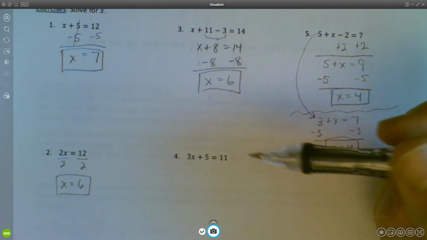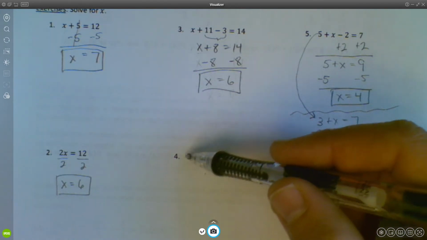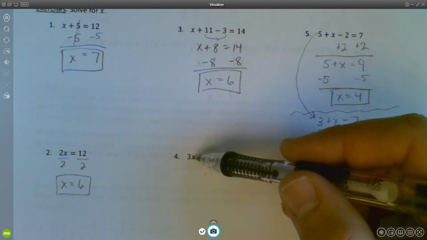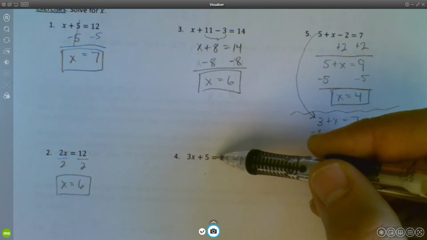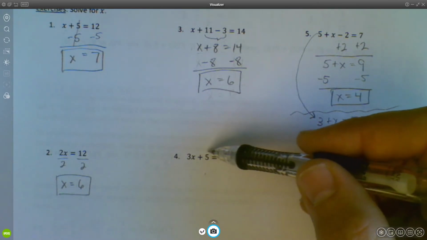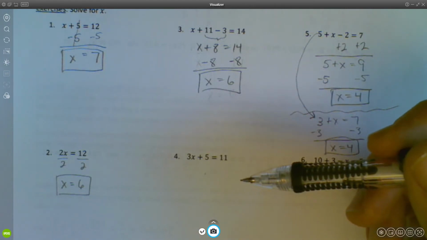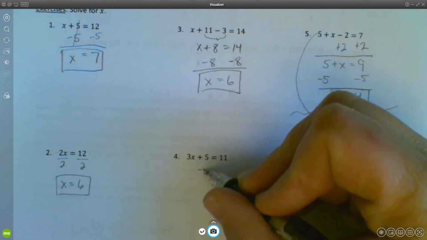Now the thing to realize is that in order to undo that, we should work backwards. So using order of operations, usually, we would do the multiplication first, and then we would do the addition. But in order to undo all of that, I need to undo the addition first, and then undo the multiplication. Okay, so I'm going to undo the addition first by subtracting a 5.